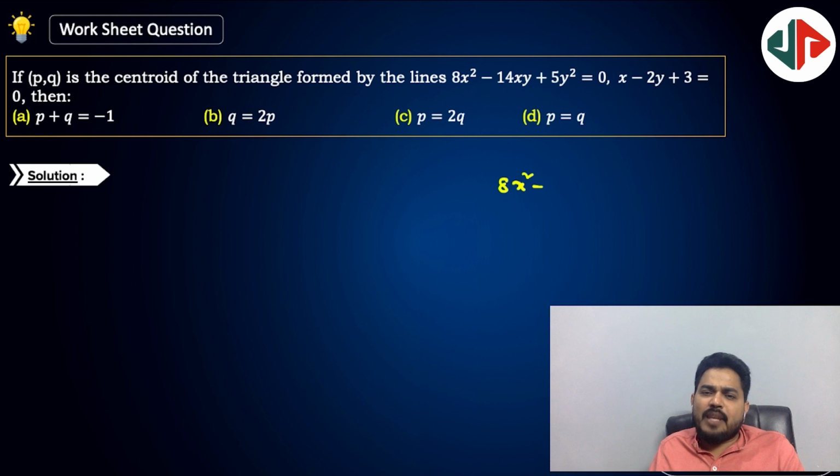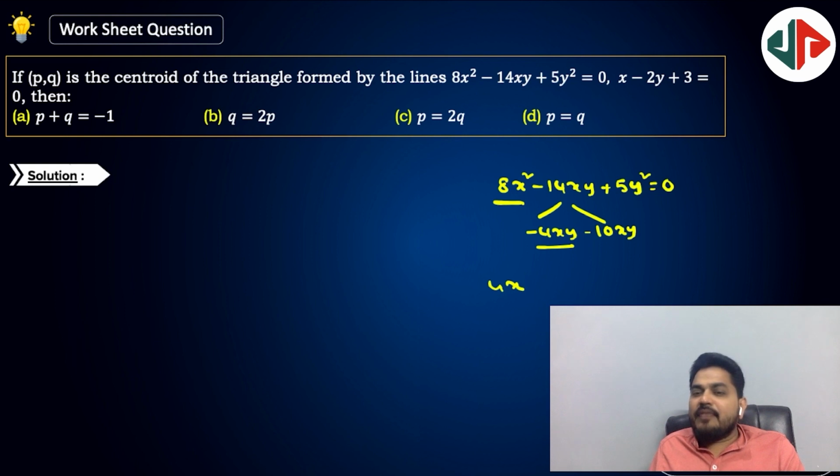So here 8x square minus 14xy plus 5y square is equal to 0, this can be written as minus 4xy minus 10xy, factorization. So from here I can take 4x common, and from here minus 5y.